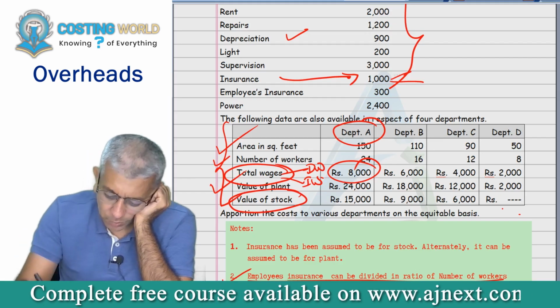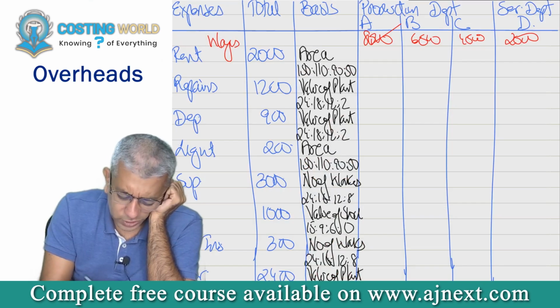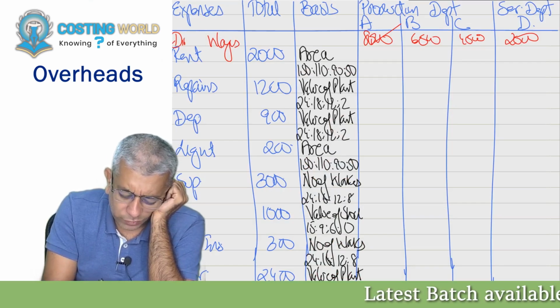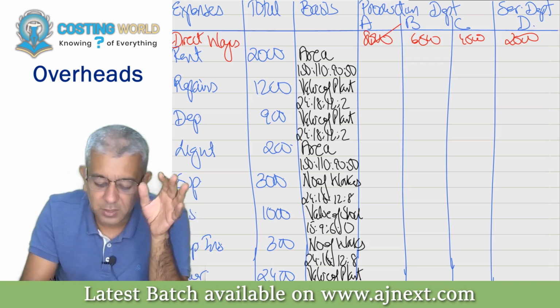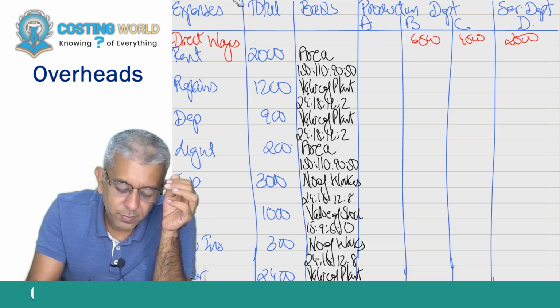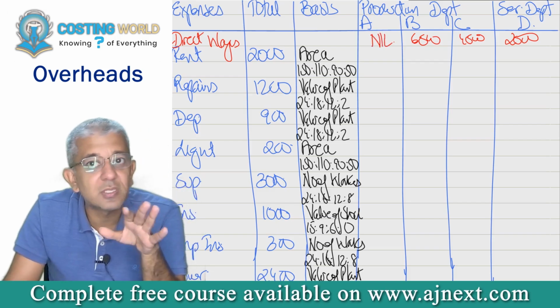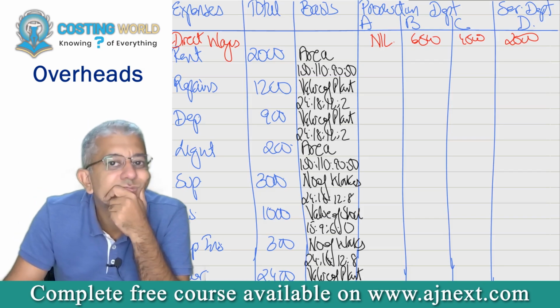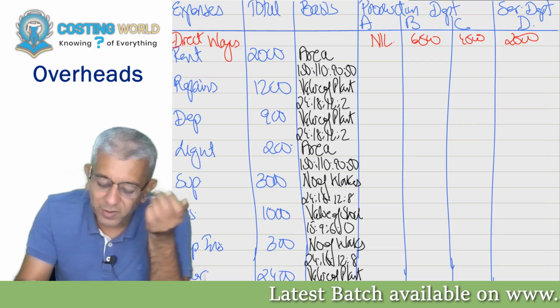Yes, sir. Now, if somebody says, no, sir, it is given total wages, can I assume it to be direct wages? Obviously, you can. If you assume it to be direct wages, then how much will be coming for A? Nil, because direct wages is direct wages only. And this is the statement of overheads, boss. How will direct wages come over here?